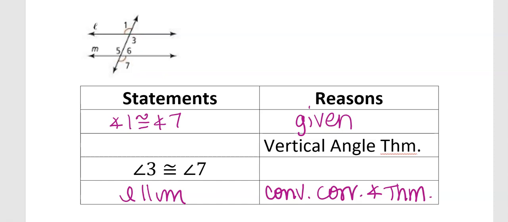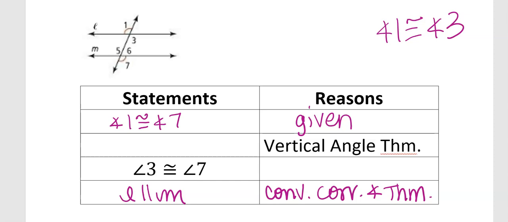Now 1 and 7 were given and they are the same. When you look at this picture, we've got a couple of pairs of vertical angles. We need to figure out which one is the best to use. So which one is vertical to 1? Okay, so we could use angle 1 is congruent to 3. I'm not going to put it in there yet because I want to pick the one that actually works with what we have.